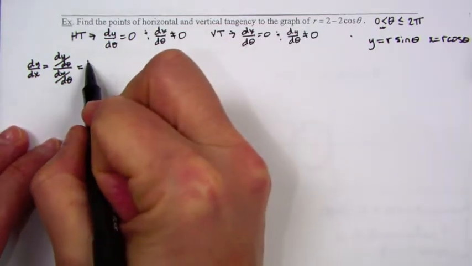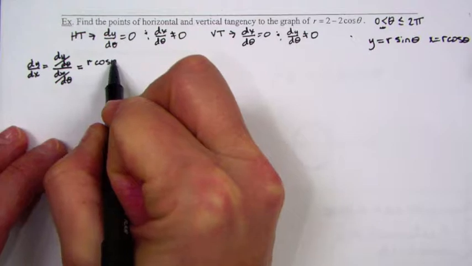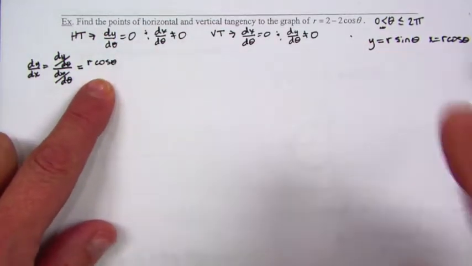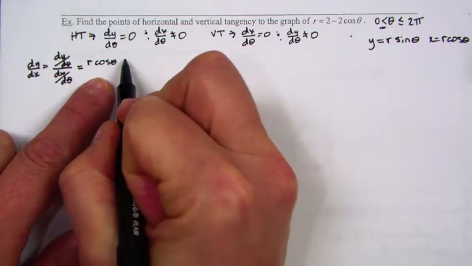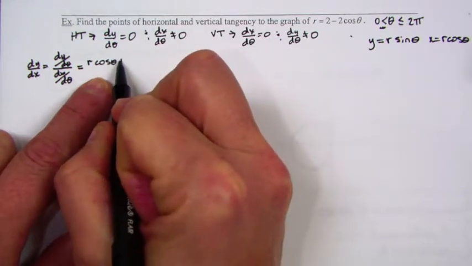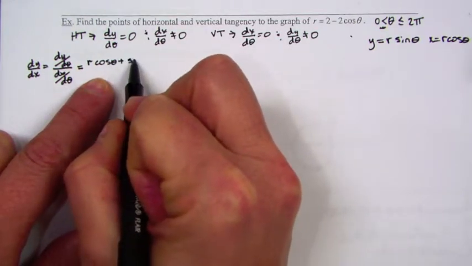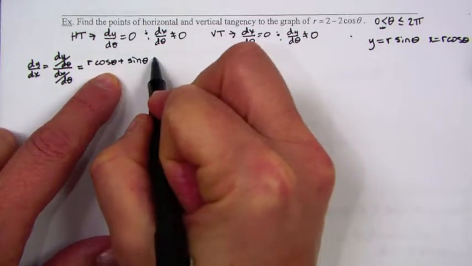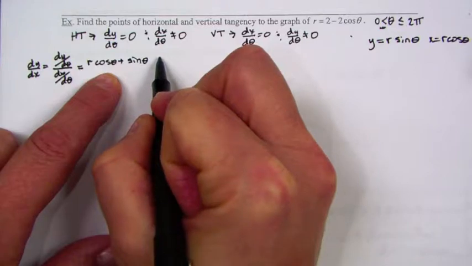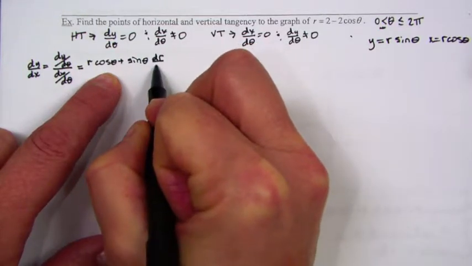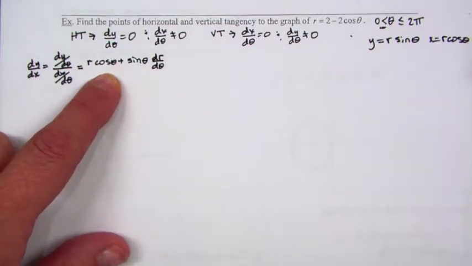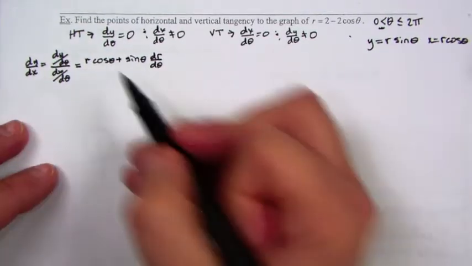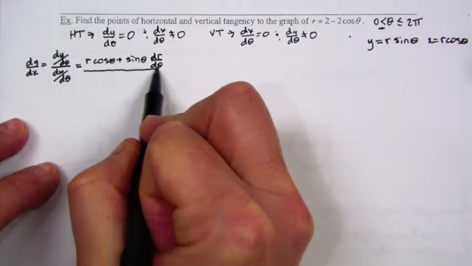So I'm going to have the first times the derivative of the second. R is the first, the derivative of sine, which is cosine, is the second. Plus the second, which is sine theta, times the derivative of the first, which is r. And remember, this is with respect to theta, so I have to attach a dr d theta. It's 1 dr d theta. So that's your dy d theta portion.